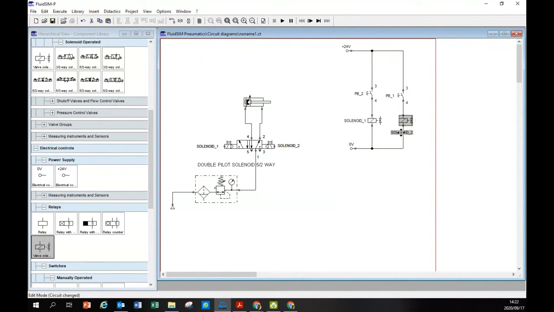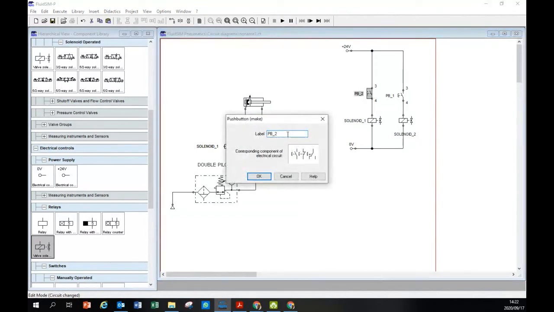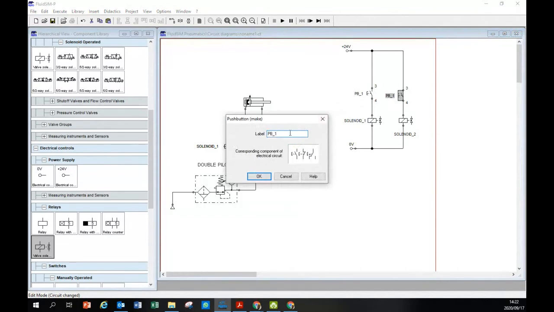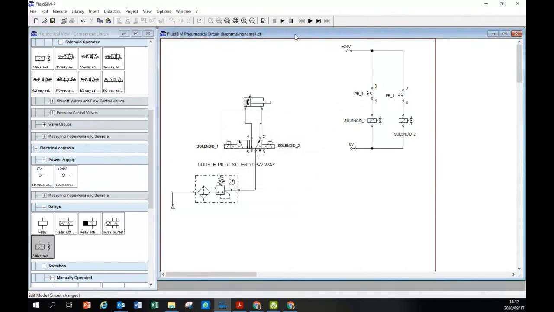Now I'm sure you can see the reason why I always do it in a difficult way, direct and indirect. See, actuate push button 1. This one, push button 1. The other one you cannot choose. I press top.